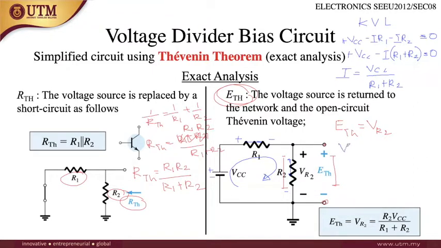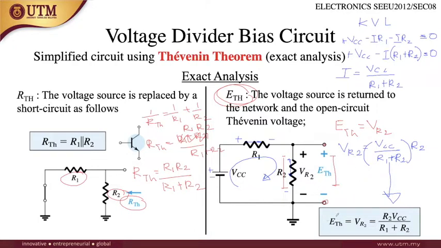The voltage at VR2 will be I, which is this value, VCC over R1 plus R2, times the resistance value. This is from Ohm's law.